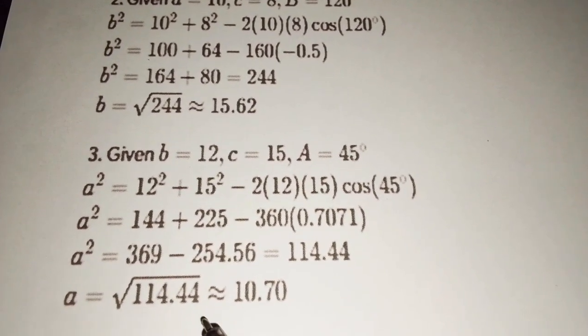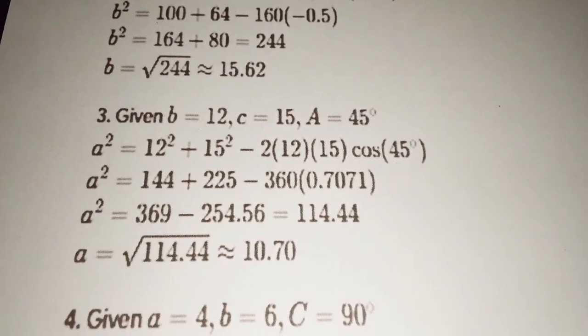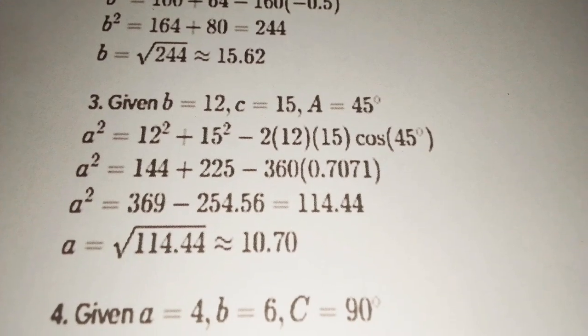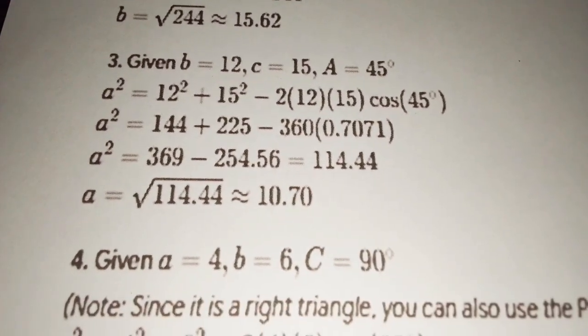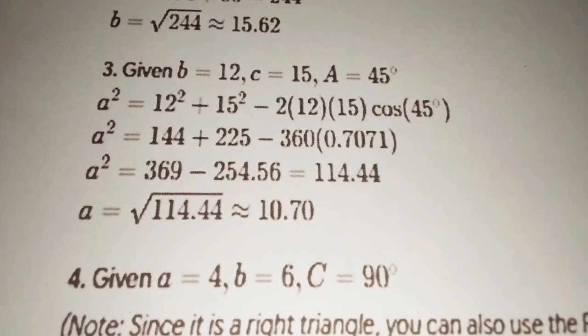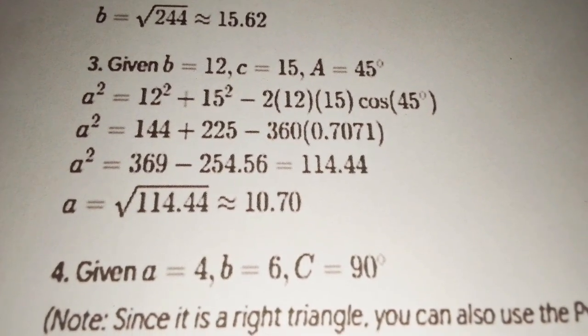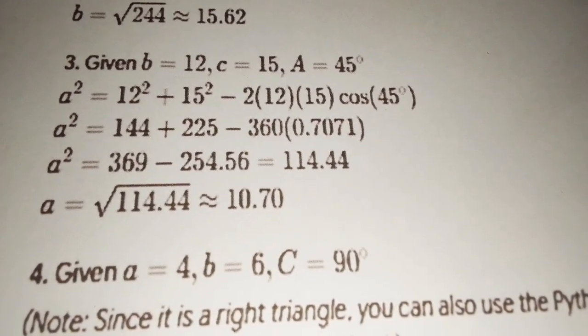Alright, so we have the last two examples. Okay, number 4, the given is a is equal to 4, b is equal to 6, and c is equal to 90 degrees. So we will be dealing with the side c. Since it's a right triangle, we can also use the Pythagorean theorem.